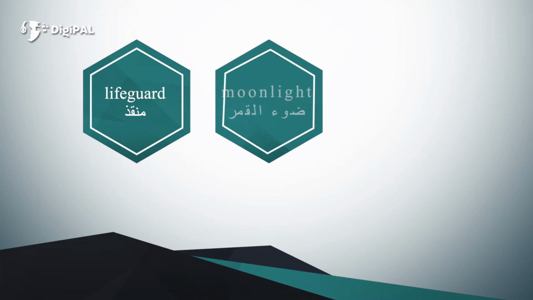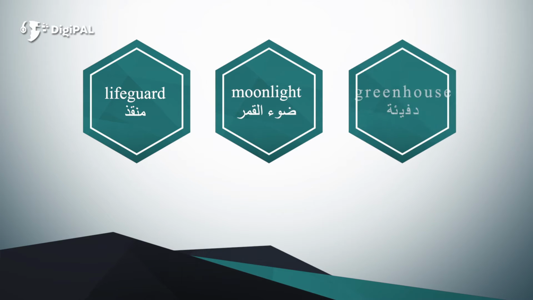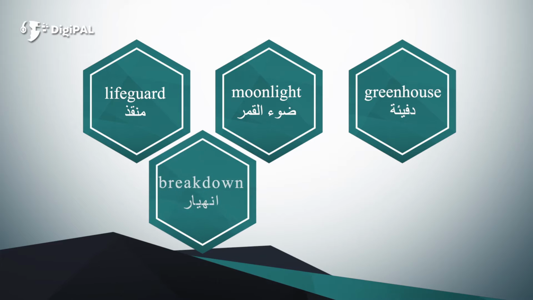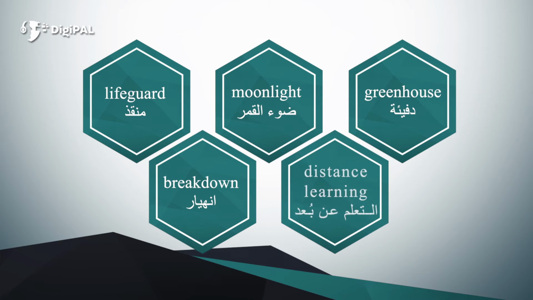So we have lifeguard, munqidh. Moonlight, ضوء القمر. A greenhouse, دفيئة. A breakdown, انهيار. Distance learning, التعلم عن بعد. So we have a combination of two or more words forming a single compound noun.